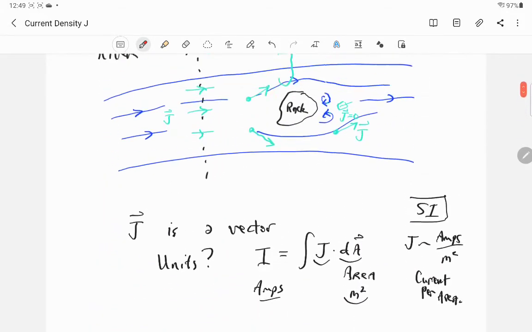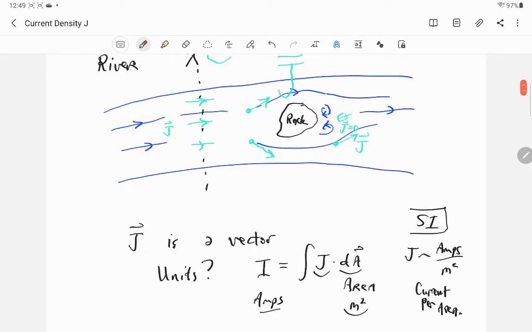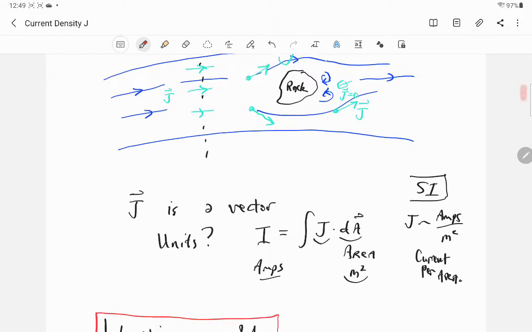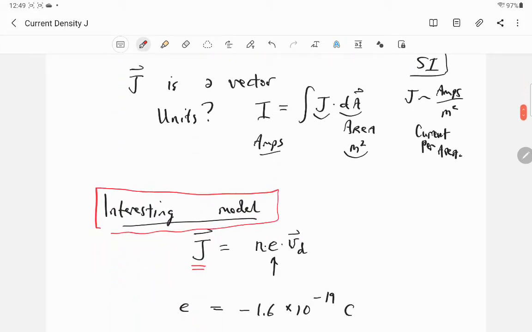But what we want to do is imagine the fact that the current in the wire can be different at different places in the wire. And if we want to imagine different values of current density at different places, then that's a microscopic model of current.